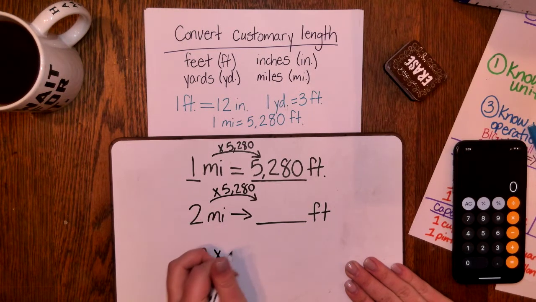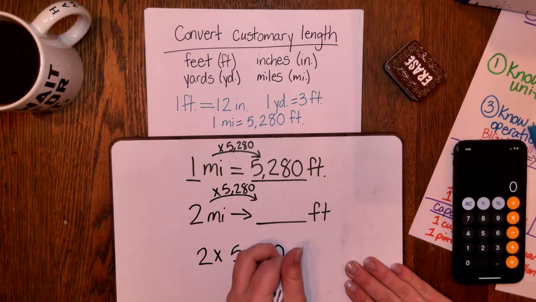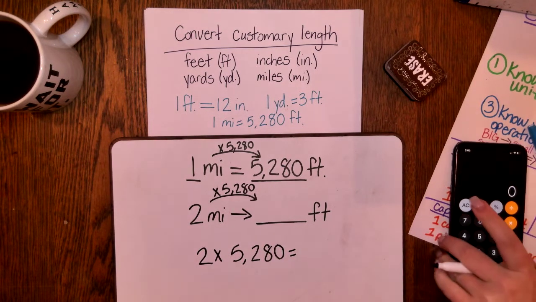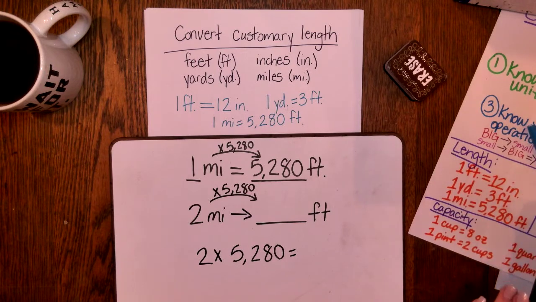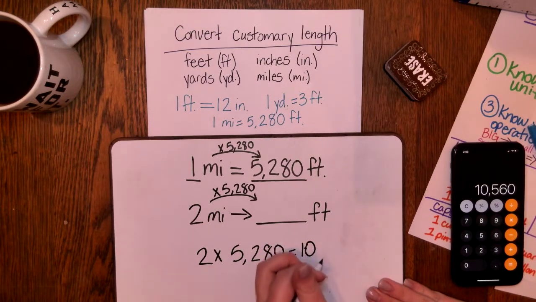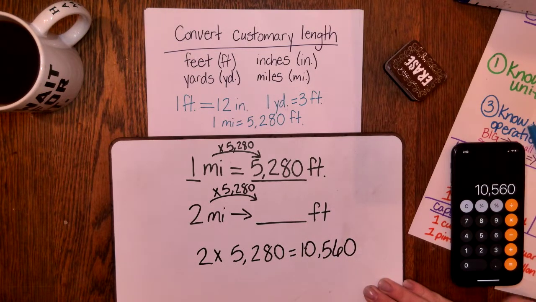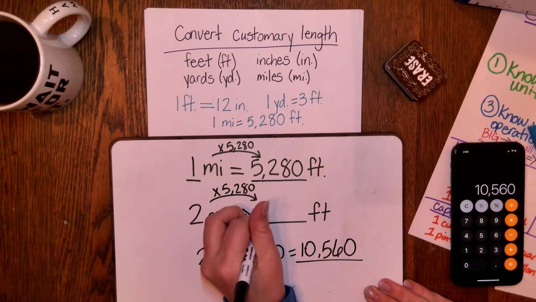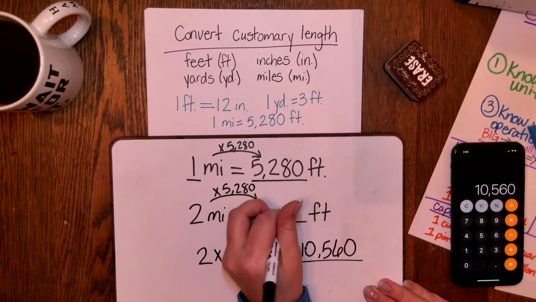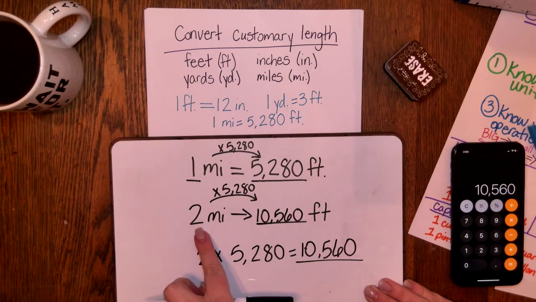2 times 5,280 equals 10,560. There are 10,560 feet in 2 miles.